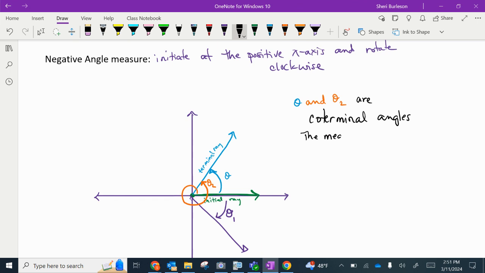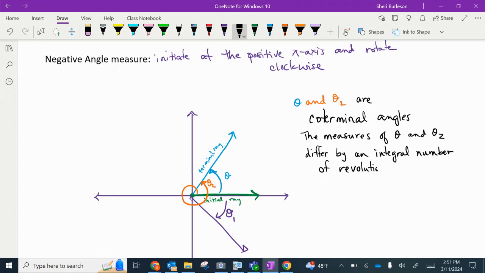The measures of theta and theta 2 differ by an integral, means an integer, a whole number of revolutions. Okay, so the difference between all of my little fancy twirls up here is how many additional revolutions.